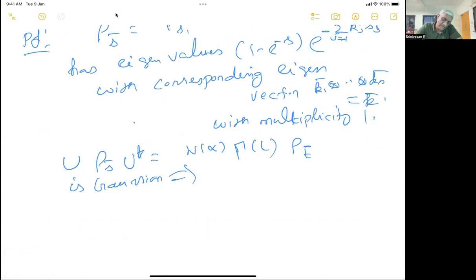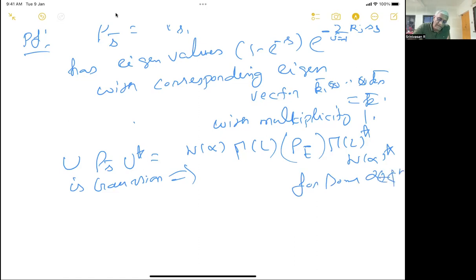Let me write it like this: gamma of L star, W of alpha star. Technically, we usually use gamma of L inverse here, but it's okay, since L and L inverse are in one-to-one correspondence, so it doesn't matter. For some alpha in Cn, L in Sp2n.